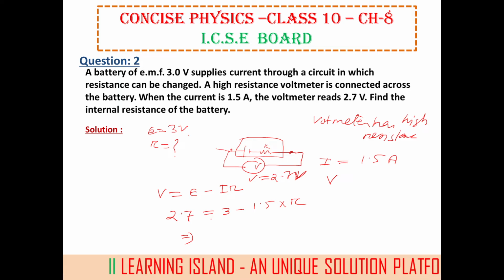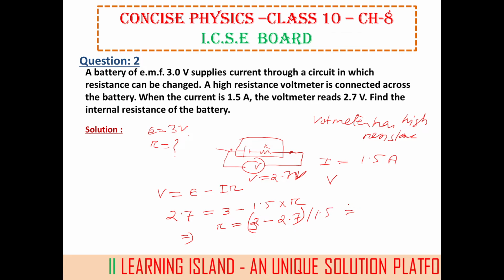So we can find r equal to 3 minus 2.7 divided by 1.5.